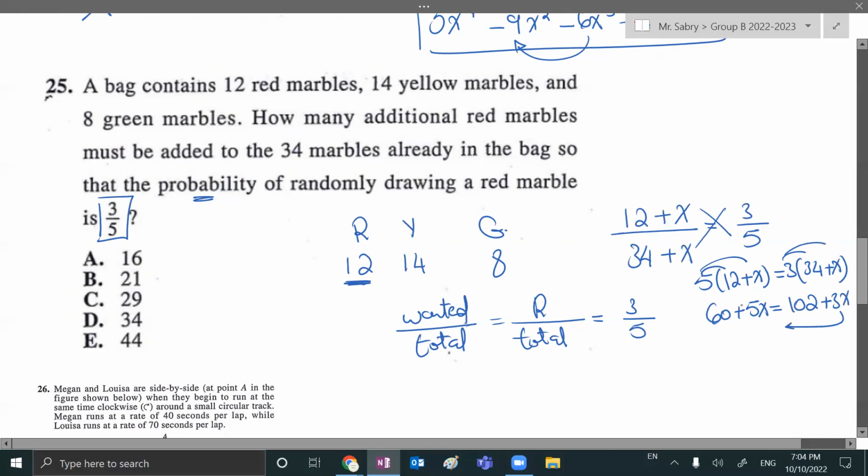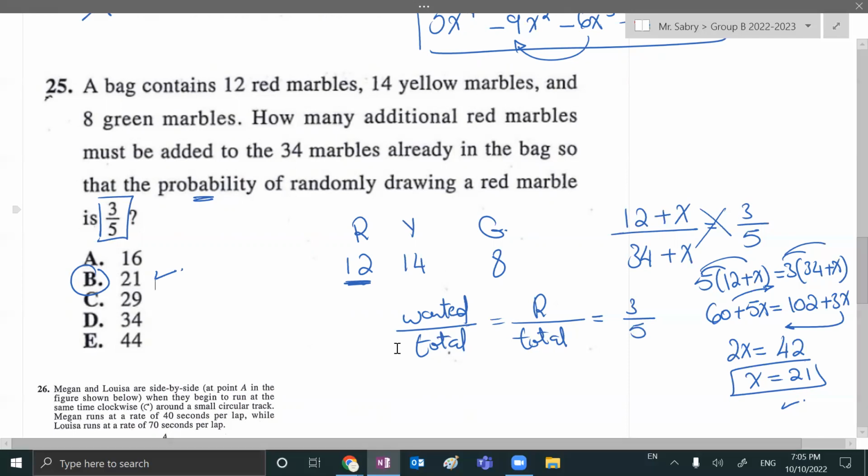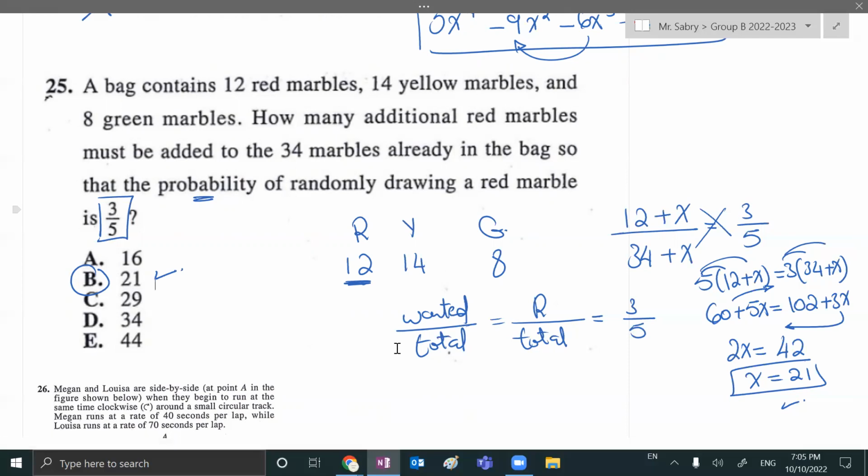I'll move the 3x to this side and the 60 to the other side, so I'll have 2x equals 42, which means x equals 21. So I need to add 21 red marbles so the probability of selecting a red marble would increase to 3/5. Is this clear? This is a very important question. Is this clear? Yes.